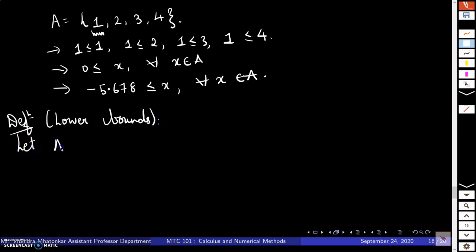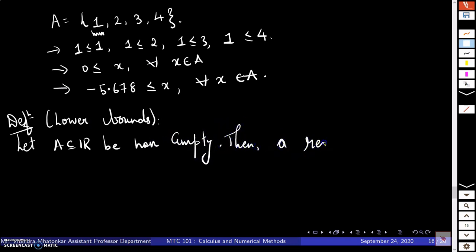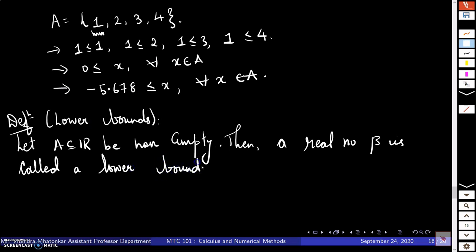Let A be a non-empty subset of R. Then a real number beta is called a lower bound of A if beta is less than or equal to each and every element from the set A, that is, if beta is less than or equal to x for all x in A. If this happens, then beta is called a lower bound of the set A.